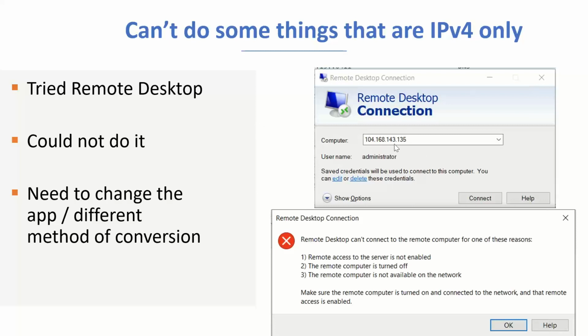Here I'm trying to go to this remote desktop connection using V4, and what I would have had to do is get NAT64 installed myself on the other end and go using V6. I probably could have tried a V6-only, but that's not going to work.